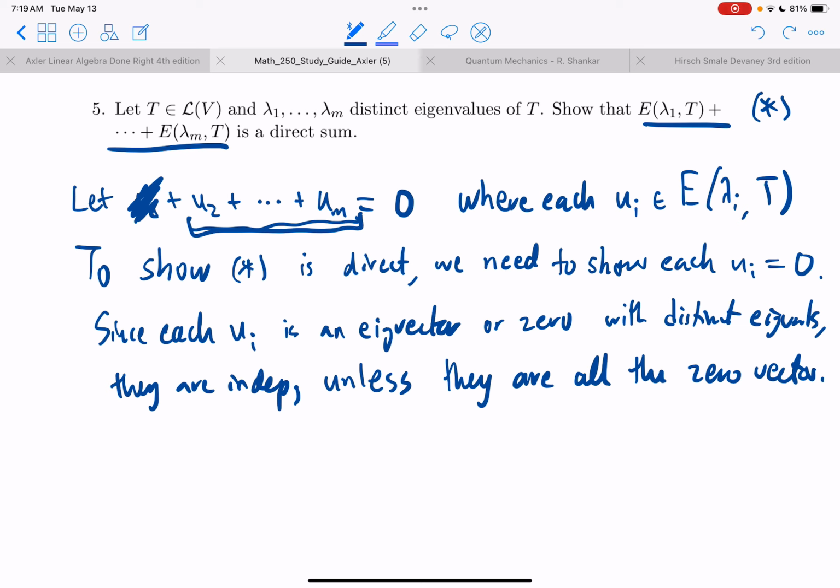That can't be true, because if these are non-zero eigenvectors, then they're independent. So one of them has to be 0, and we keep going, and they're all 0. So that ends the proof. We've showed that each of them is 0. Okay.